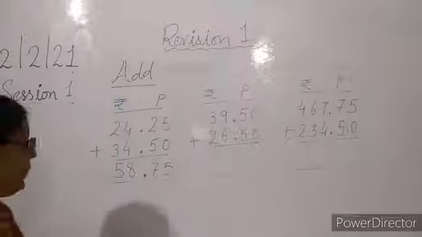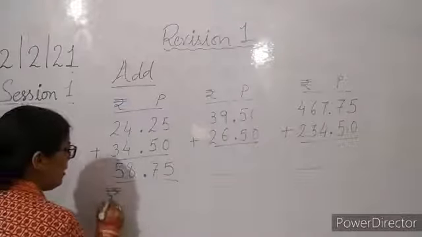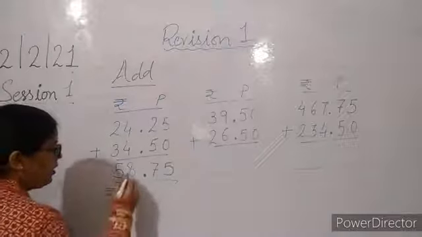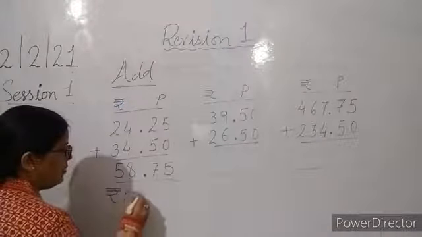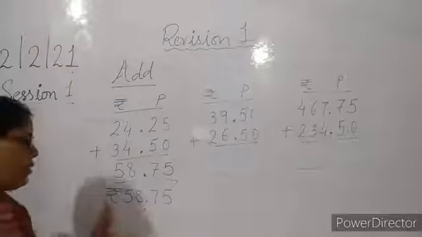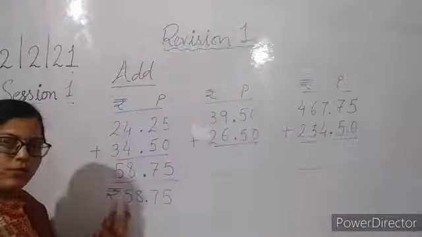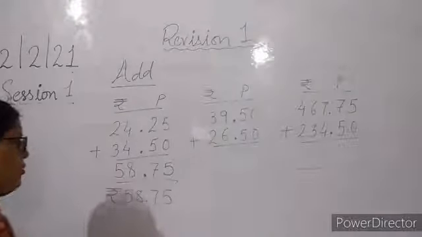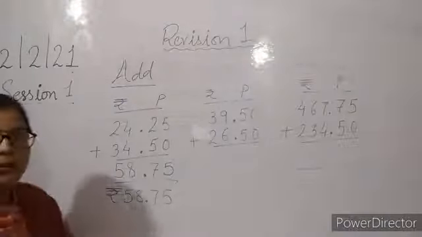What does it mean? How do we write it using the symbol of rupees? 58.75. Before the dot it is the rupees amount, and after the dot it is the paise amount. So 58 rupees and 75 paise.